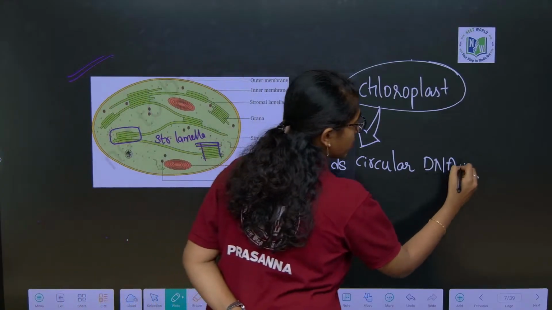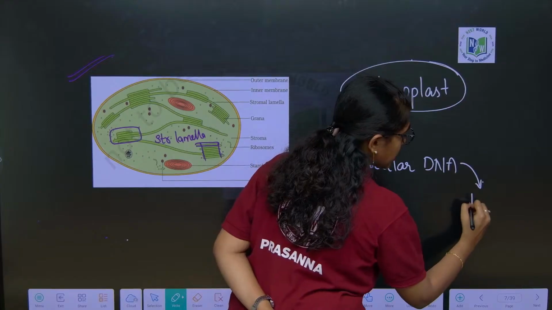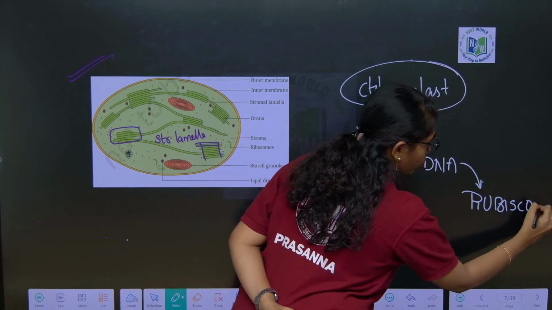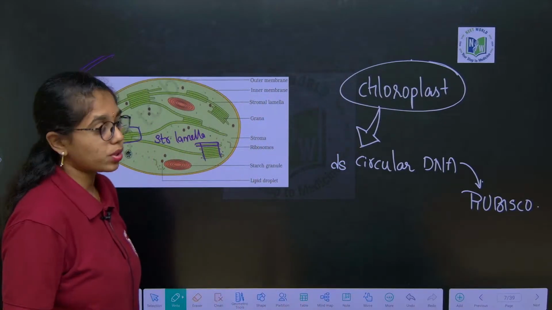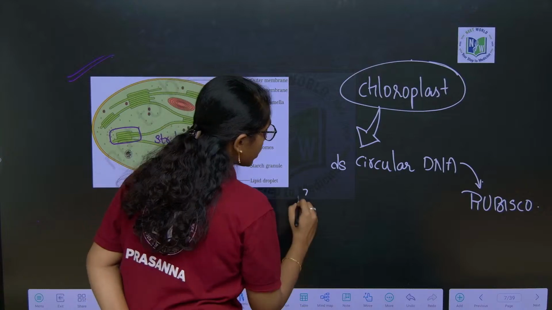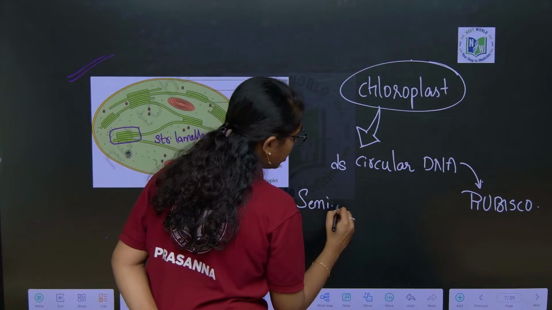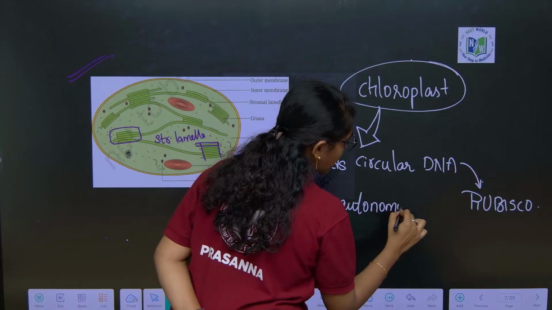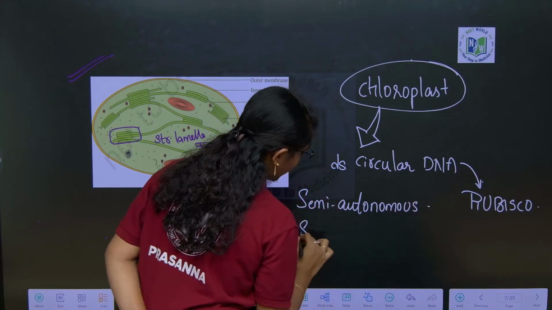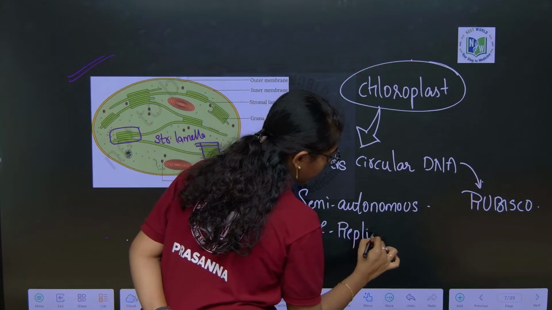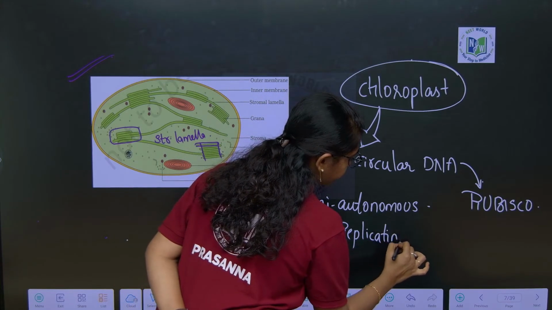So this double stranded circular DNA will synthesize the world's most abundant protein, that is rubisco, here in the chloroplast. That is why the chloroplast also has a few synonyms, like semi-autonomous cell organelle, or self-replicating cell organelle.